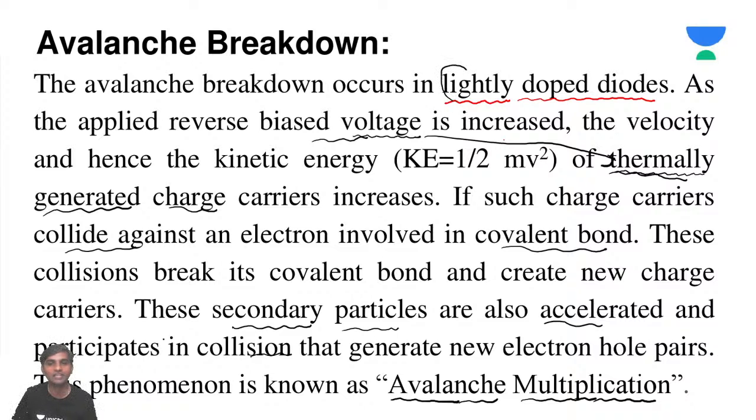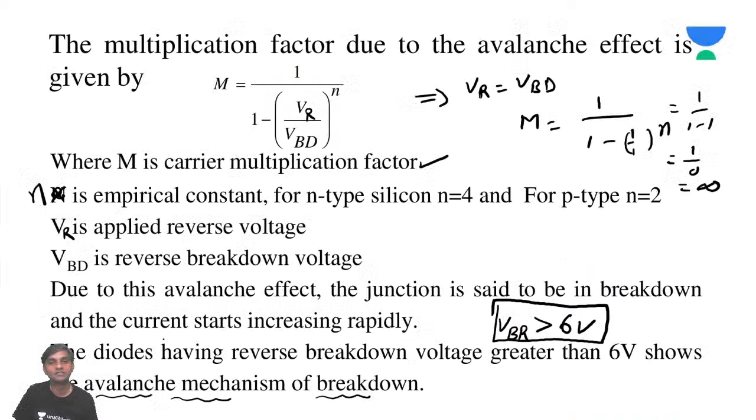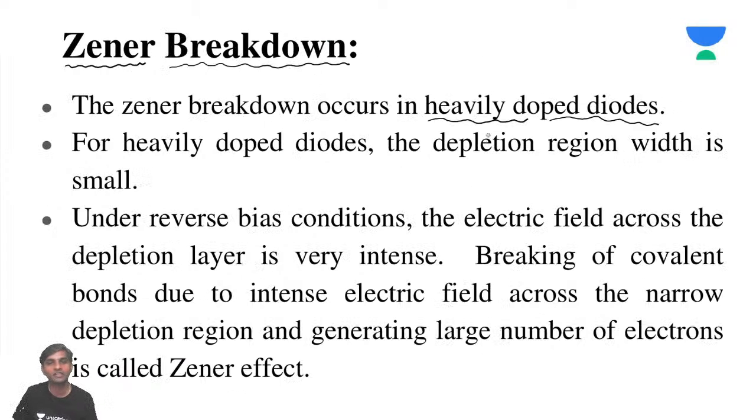Avalanche breakdown happens in lightly doped diodes, whereas Zener breakdown happens in heavily doped ones. That means you should have a P plus and an N plus. The Zener breakdown occurs in heavily doped diodes.